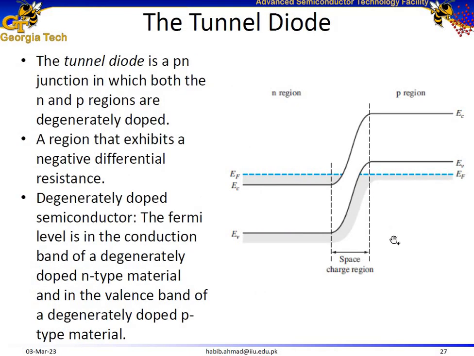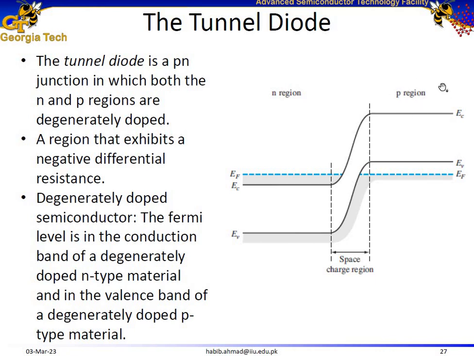So now let's go to the tunnel diode once again. In the tunnel diode, it's a PN junction once again, but in this case both the N region and the P region are degenerately doped. As you can see, the Fermi level has now crossed the valence band for the P region.